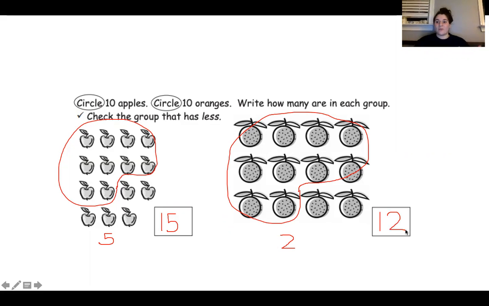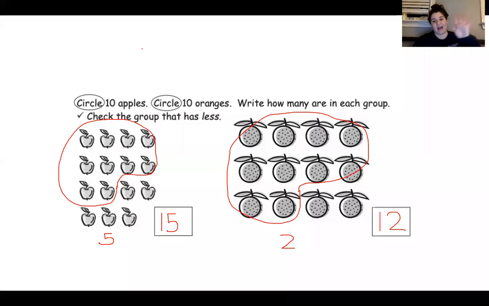So now we have to compare. We have 5 leftovers and 2 leftovers. 5 is more than 2. 2 is less than 5. Our problem says check the group that has less. Which one had less? 15 or 12?